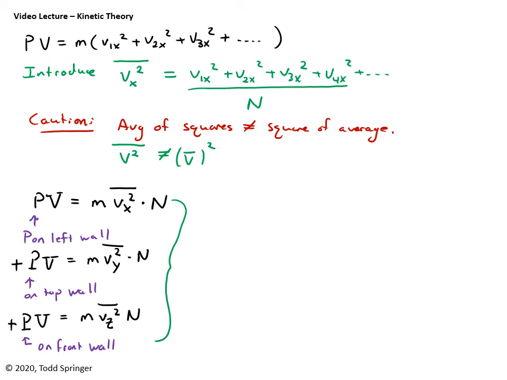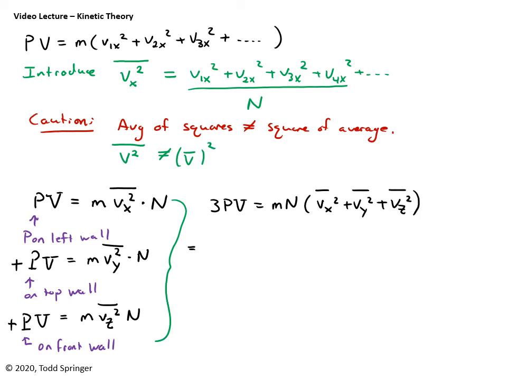It doesn't have to have x, y, or z in it. So on the left, I have 3PV. So I added them up, and I'm going to have here m times N, Vx squared bar plus Vy squared bar plus Vz squared bar.